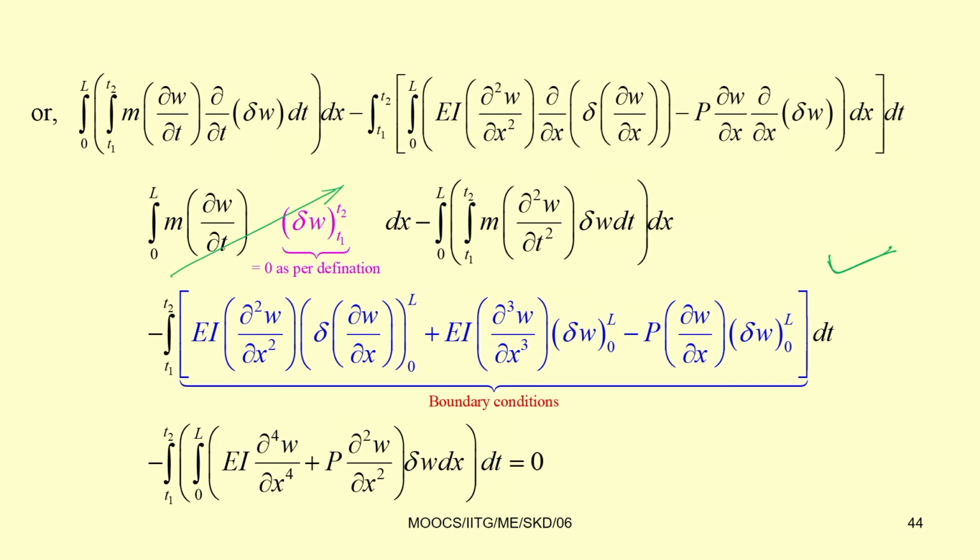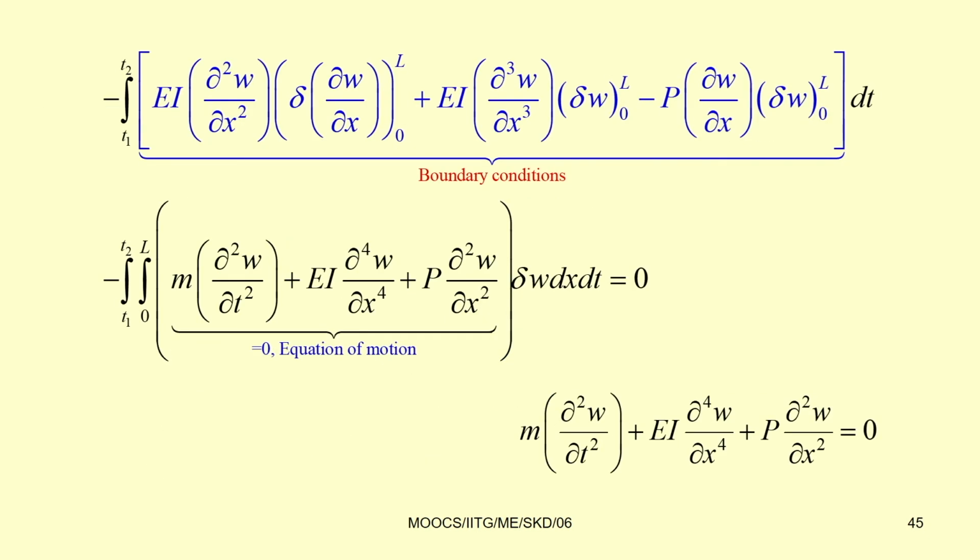So, this is integral T 1 to T 2 E I del square w by del x square del of del w by del x, 0 to L. So, either this part will be equal to 0, that is del square w by del x square, that is bending moment, or this del w by del x, which is nothing but the slope, or this part, which is the shear force, or this del w, which is nothing but the displacement.